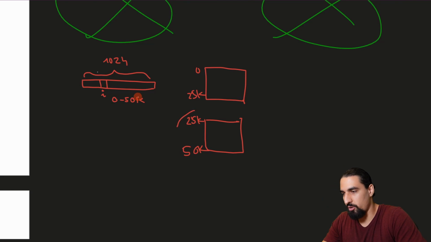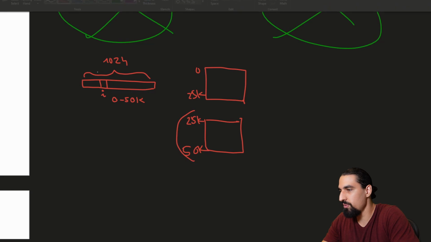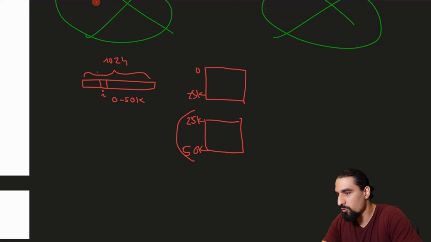What this device is going to do is mask all of those values here. Let me take a different color. All of those values that have numbers from 0 to 25K, because it does not contain those numbers. So it's going to mask them out by setting them to 0. This one is also set to 0, this one is also set to 0, and so on. Then it's going to take this number here.